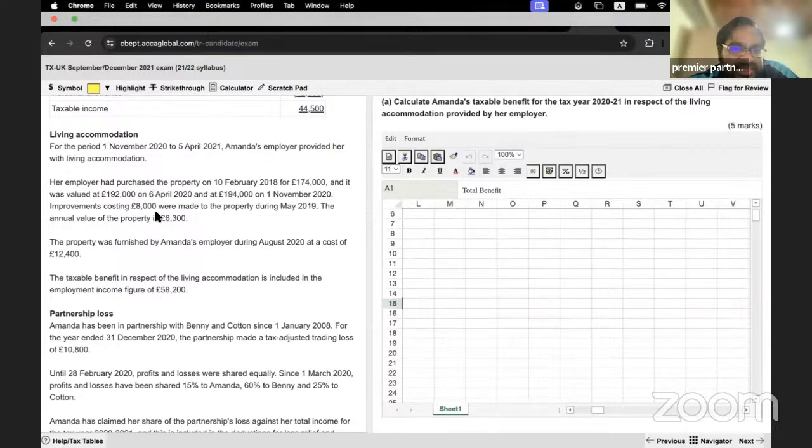Improvements costing 8,000 were made to the property during May 2019. The annual value of the property is 6,300. The property was furnished by Amanda's employer during August 2020 at a cost of 12,400. The taxable benefit in respect of the living accommodation is included in the employment income figure 58,200.